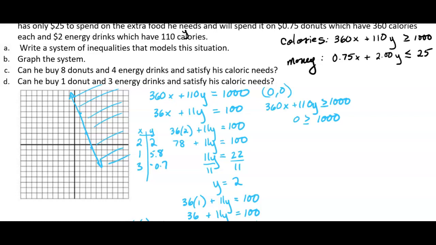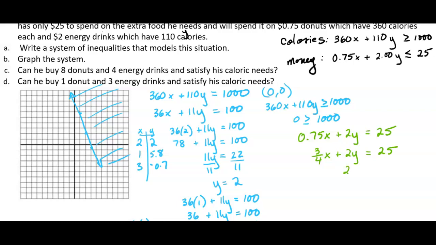I'll write it down first. Okay, so 0.75x plus 2y is equal to 25. So we'll start with that. What I really want to do, since there are some crazy numbers here, is make that 0.75 a fraction. So 3/4 x plus 2y equals 25.